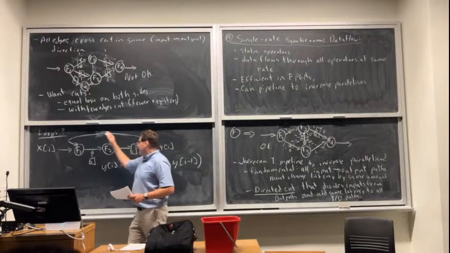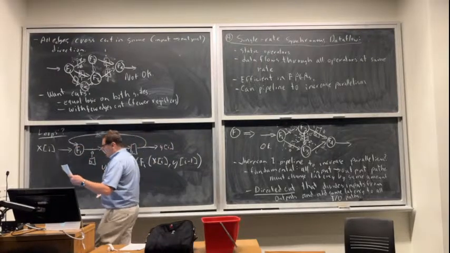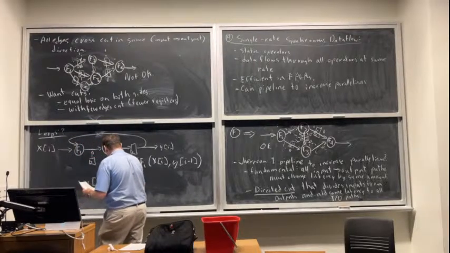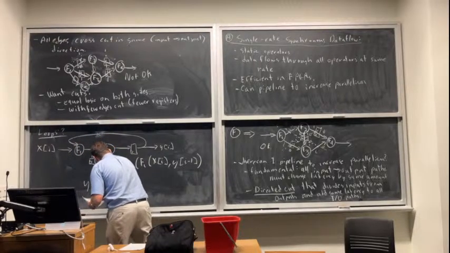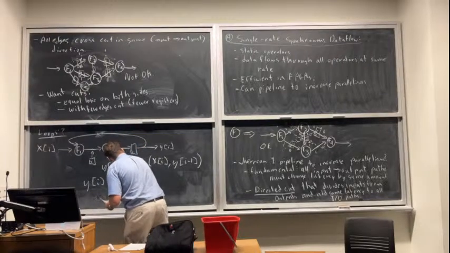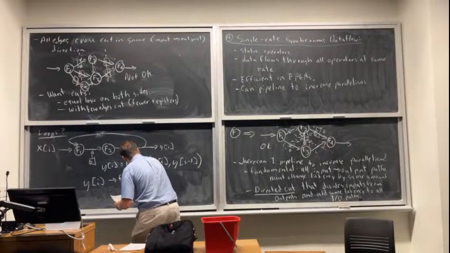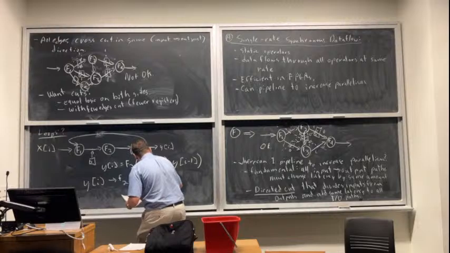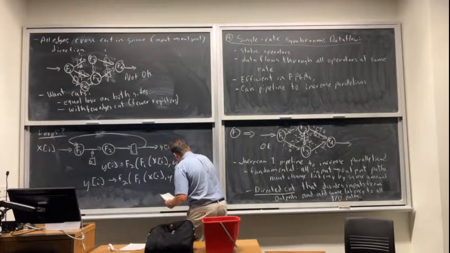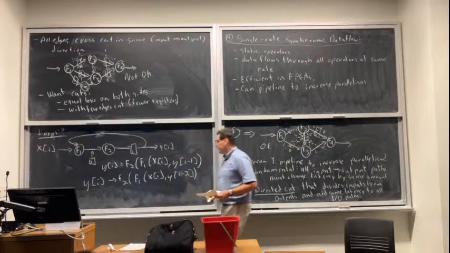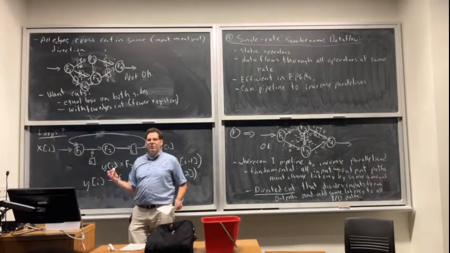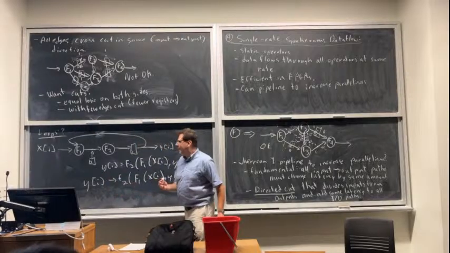So this is now going to be, y is basically going to be a function, it's going to be f2 of f1 of x of i and y of i minus 2. Okay? If I put a register in there, I'm paying attention to too old a y. And there's no way I can fix it.